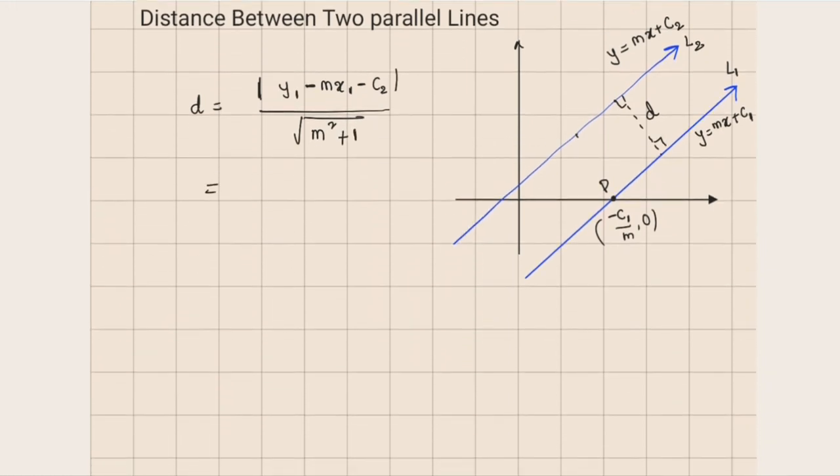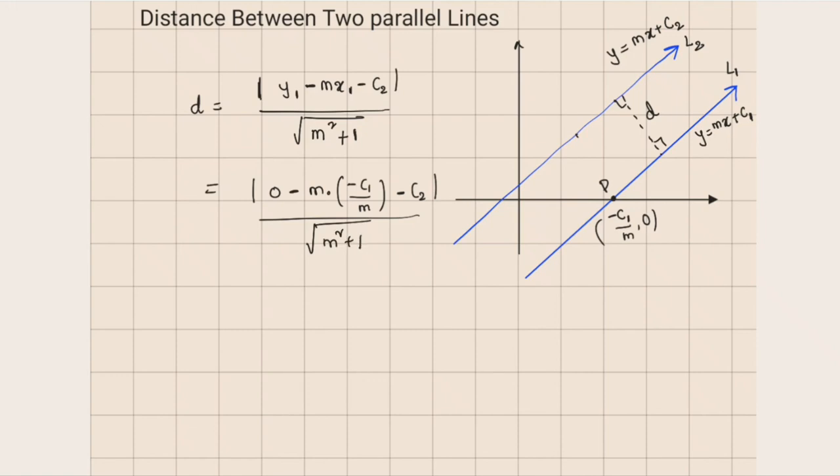So what is y1 here? y1 is 0 and x1 is minus c1 by m, which gives modulus of 0 minus m into minus c1 by m minus c2 by root over m square plus 1.